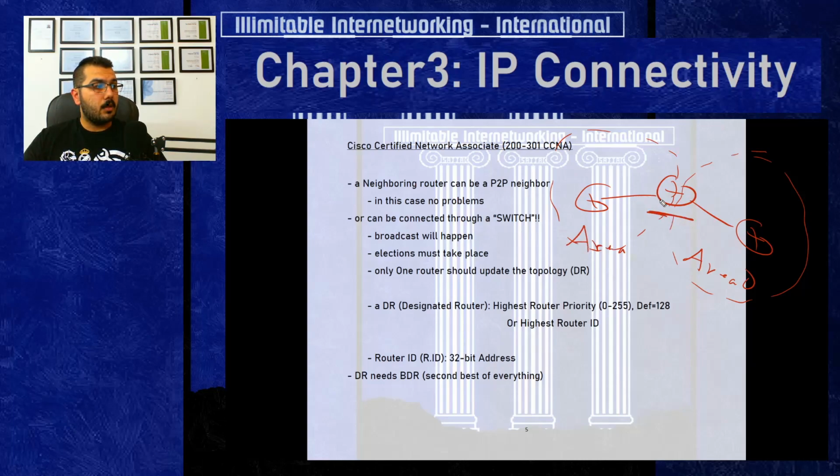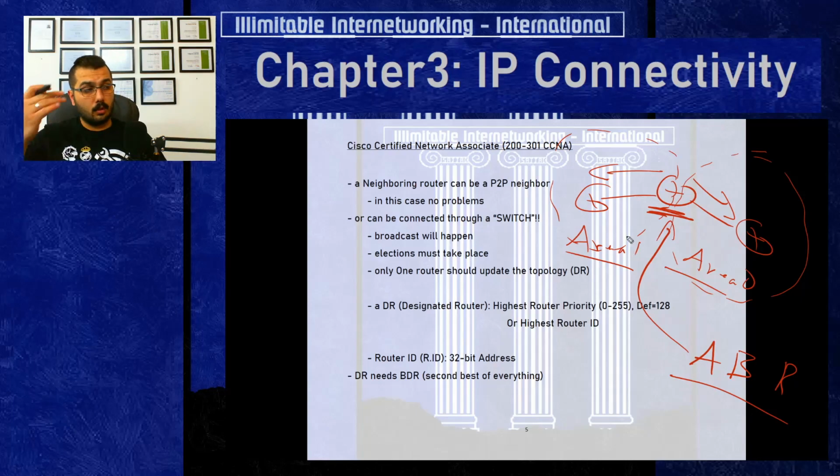This router in the middle has an arm in area 0 and another in area 1, so it's using OSPF on both sides, but each one of them is on a different area. This will be called an area border router, because it stands between two areas and it connects them.